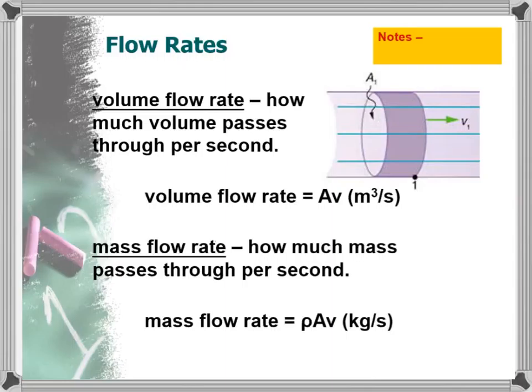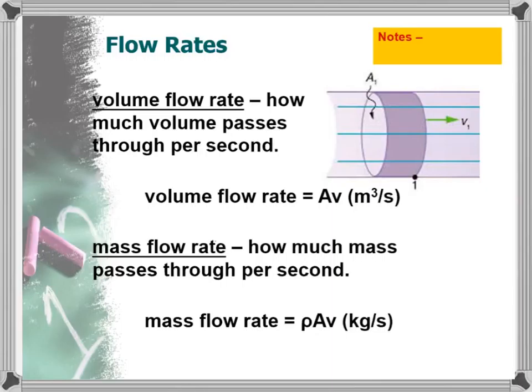Then I can calculate that by taking this area A and multiplying that times the velocity that fluid travels. And that will tell me how many cubic meters flowed through that cross-sectional area A in a second. So I just need to take the area times the velocity of the fluid.